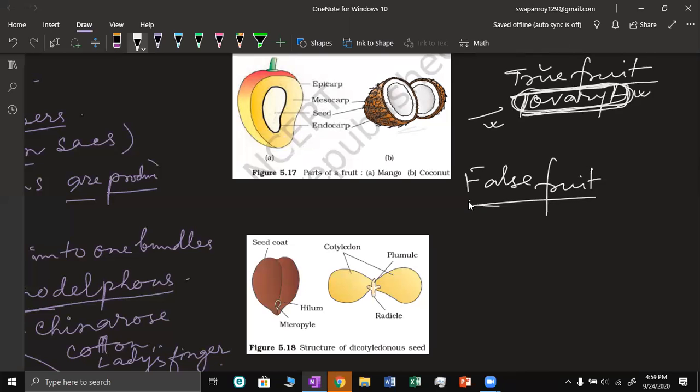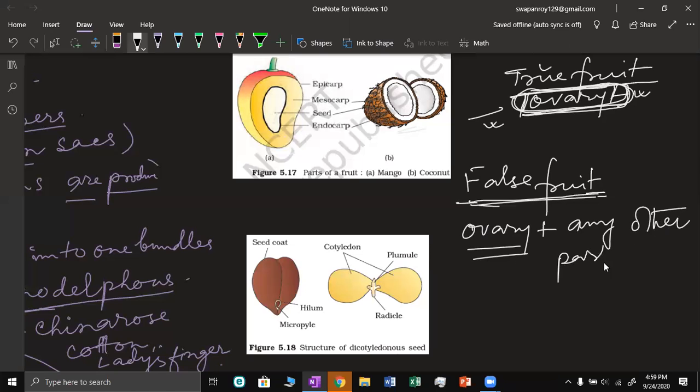But then what is a false fruit? If in the fruit the ovary plus any other part of the flower is there, then it is called a false fruit.